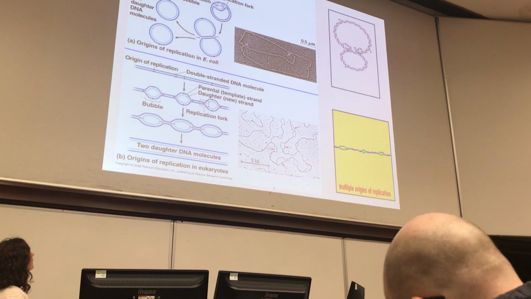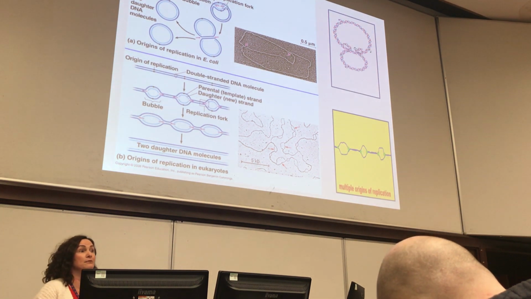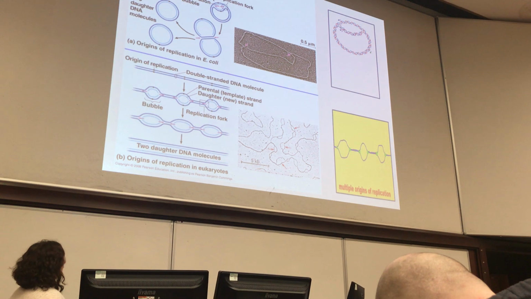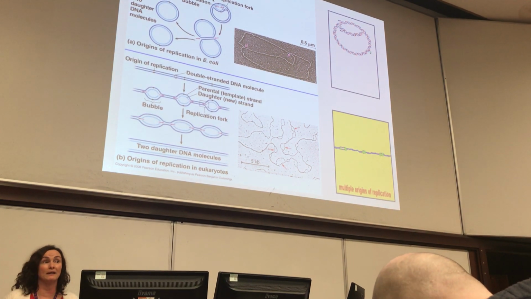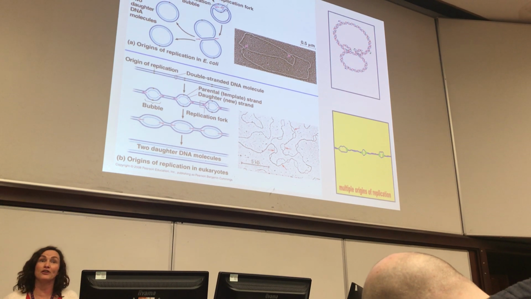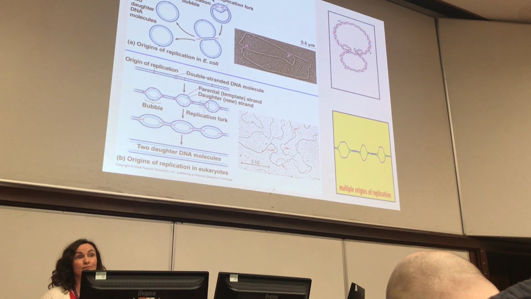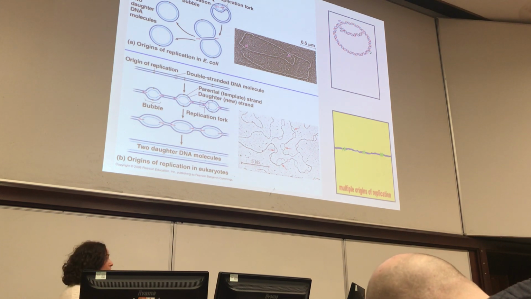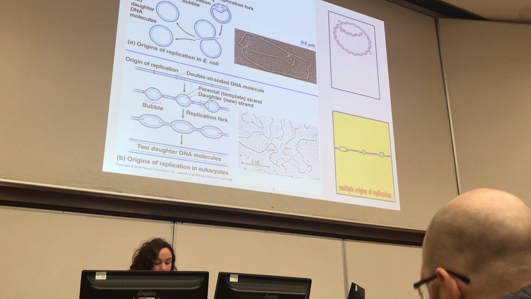Even so, it takes about 8 hours to completely replicate our whole DNA. It's even been postulated that if we only had one origin of replication, it would take us around about 35 days just to replicate one chromosome. So that's just to put it in context, why we need so many replication origins.